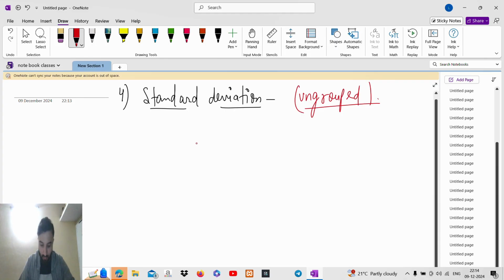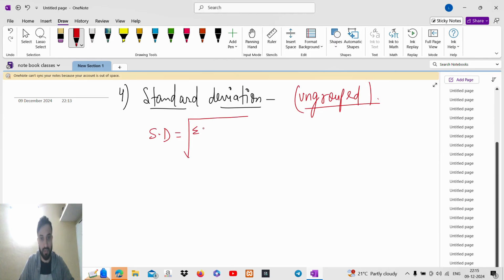See the formula for standard deviation for ungrouped data. We are going to use this formula for the examination purpose. The formula is the square root of summation of (x minus x bar) whole square divided by n. Or standard deviation is equal to the square root of summation of x square by n minus x bar whole square.